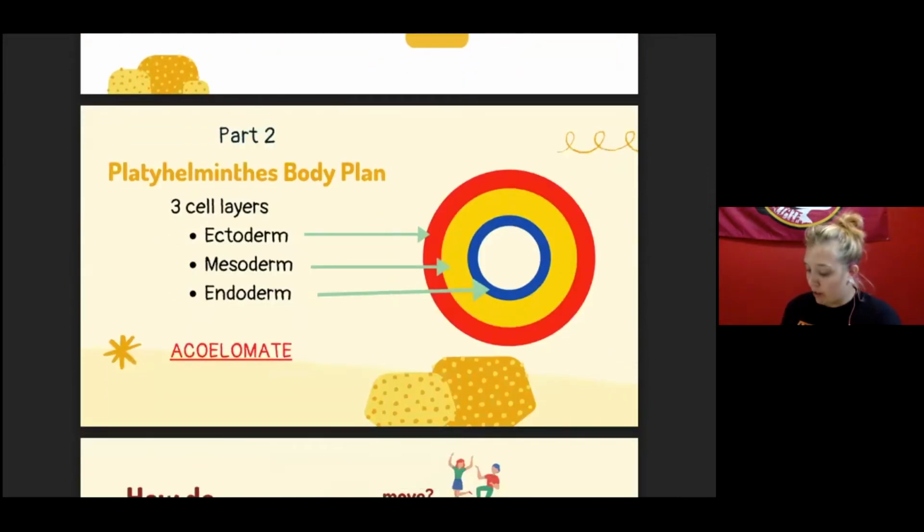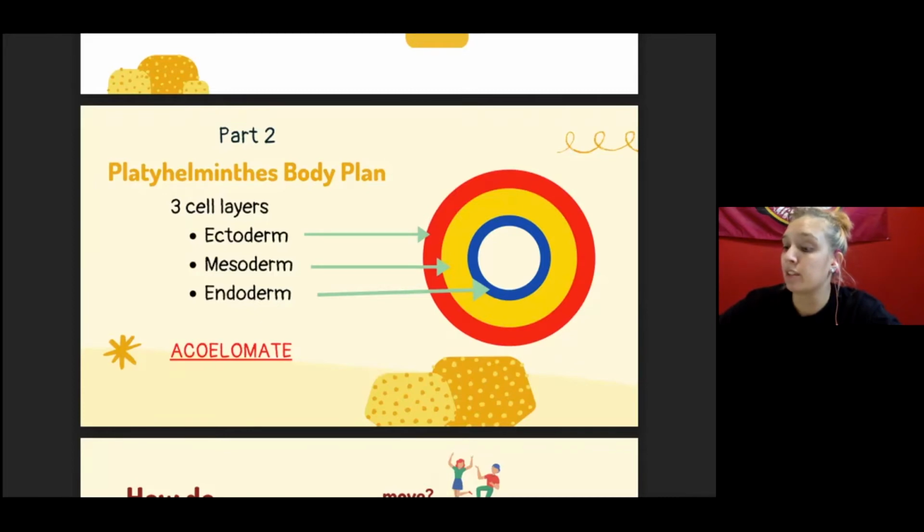Another large part of our phylums that we're going to talk about is our layers. So we had 2 cell layers when we talked about cnidarians, but now we're moving into more complex organisms, and those complex organisms are going to have 3 cell layers. We won't get any more than 3, so we've learned all 3 now.